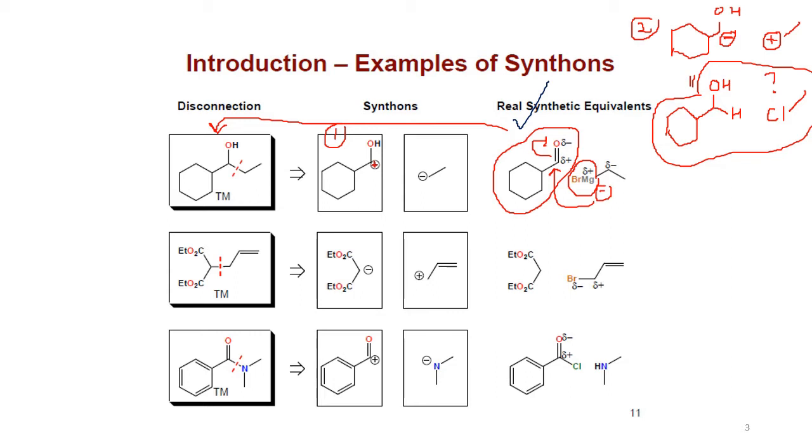Now take a look at the second example here, the second molecule. When you have this one as your synthon, when it is minus, you need to balance it with hydrogen. So it becomes this compound, a diester, and then you have a double bond here. It is plus, so it is complemented by bromine, which is negative.